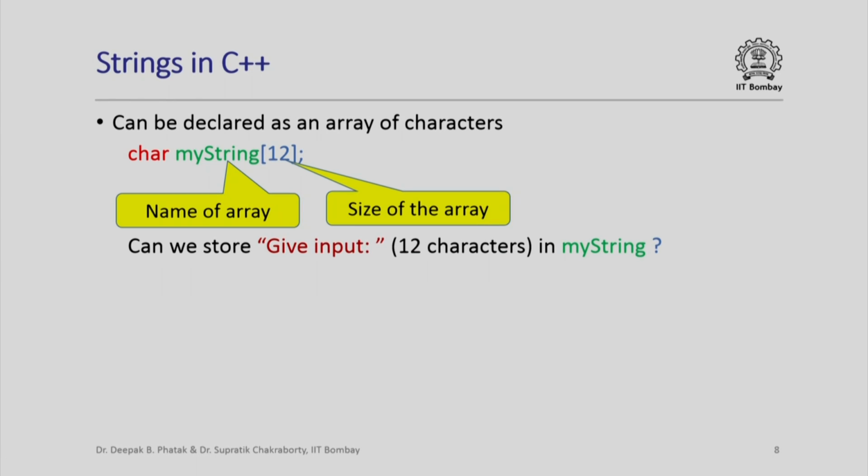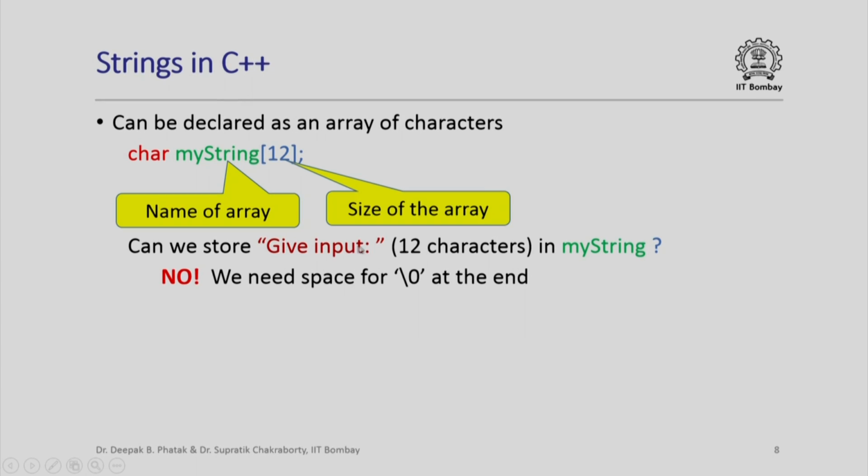And now suppose you look at this array of characters and suppose I ask you, can we store this string "give input colon space", which has 12 characters in all, in this array? So, what do you think it would be? The answer is no, because there are only 12 spaces in this array.